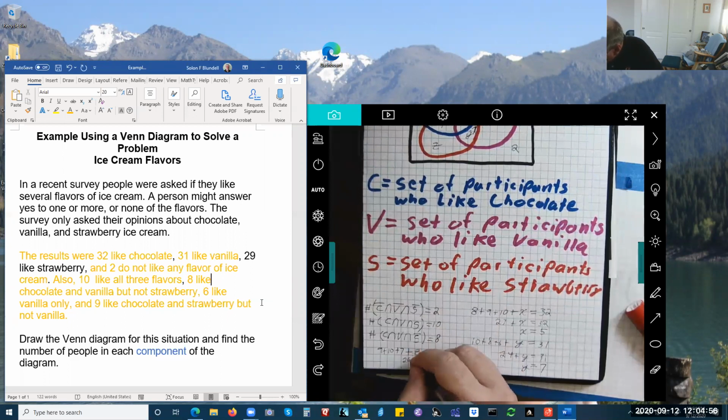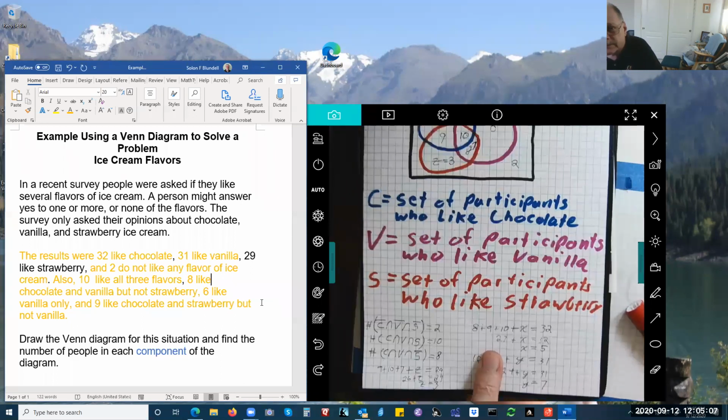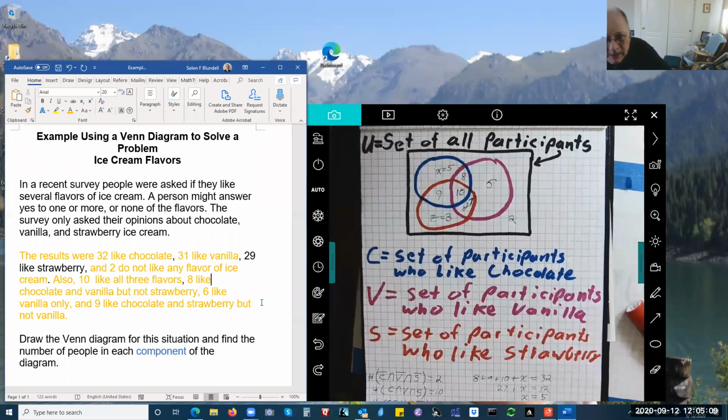So 26 plus z is 29, so z is 3. And now we've filled in all the components of the Venn diagram, which was the question.